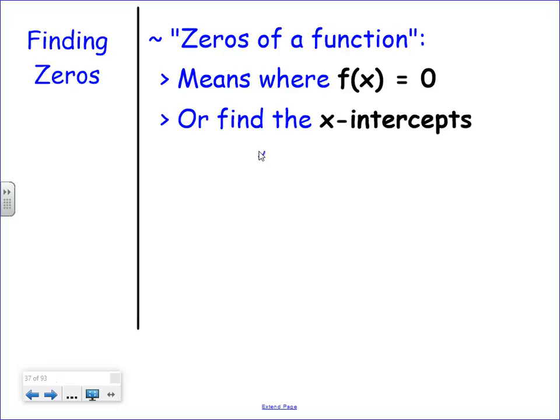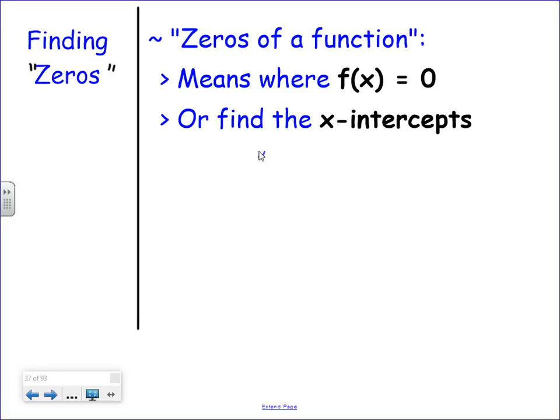Do you see something familiar on this page? X-intercepts, we've already talked about those. What? Your turn. The zeros of a function, think like function notation, we have a few things to still work out. The zeros of a function are the x-intercepts. Just another term.